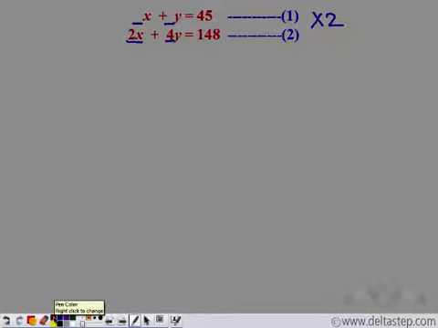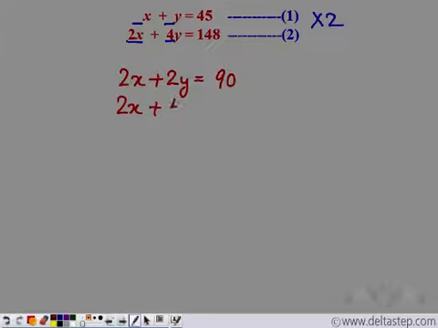So multiply equation 1 by 2. We get 2x plus 2y is equal to 90. And we write equation 2 as it is, that is 2x plus 4y is equal to 148.